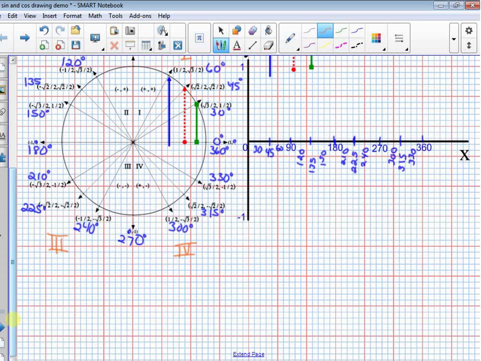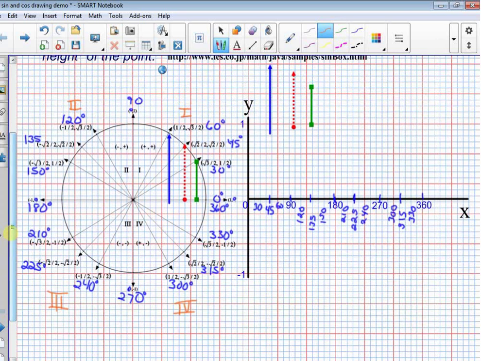So what we're going to do is take that and put it on a linear graph, reading it kind of from left to right. So we're going to transfer now so that this is quadrant 1, this is quadrant 2.